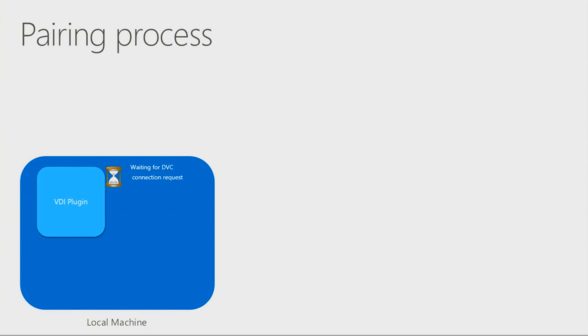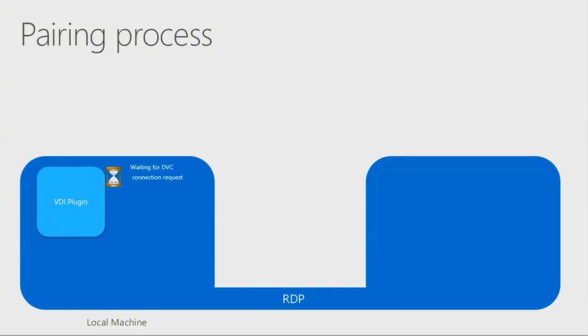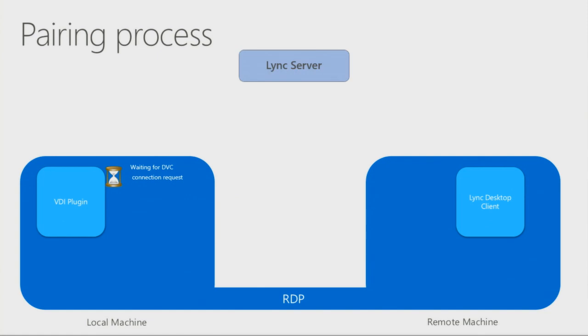So at this point, the user has the local machine, and he's going to RDP into the remote machine. And once the remote machine is launched, the user would be launching the full desktop client. And once that desktop client is launched, the desktop client is obviously going to search for the Lync server.